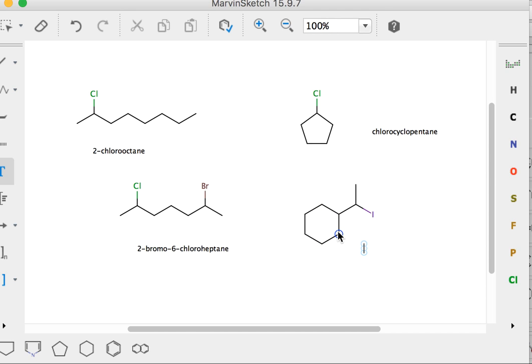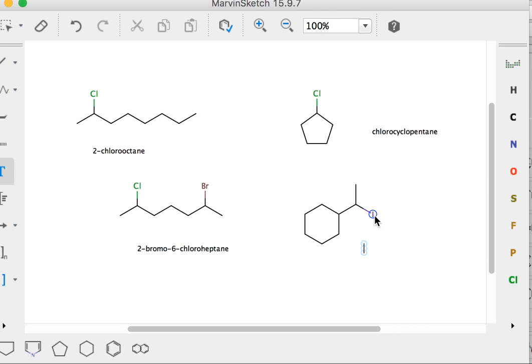Well, as we start adding functional groups to our toolkit, we'll determine which ones have priority. But, you know, the alkyl halide has priority over just an alkane chain. So we want our parent chain to contain the halogen. And so we are going to try to find the longest continuous carbon chain that has this iodine in it.